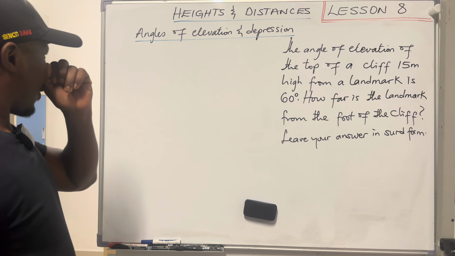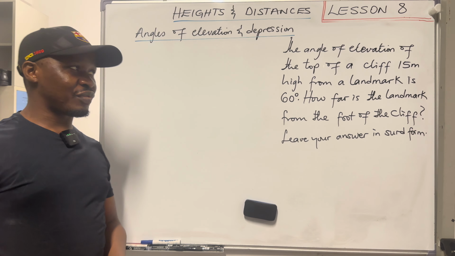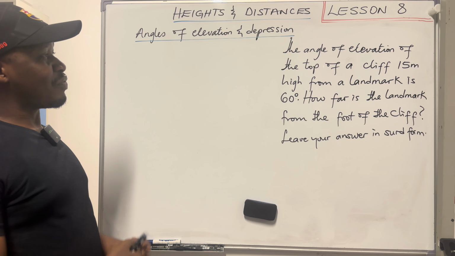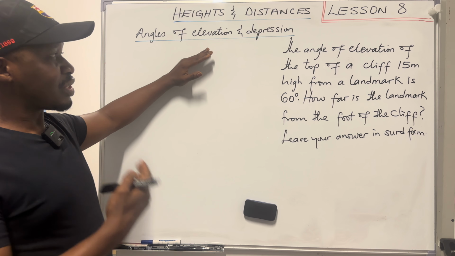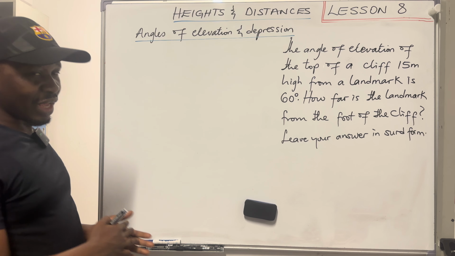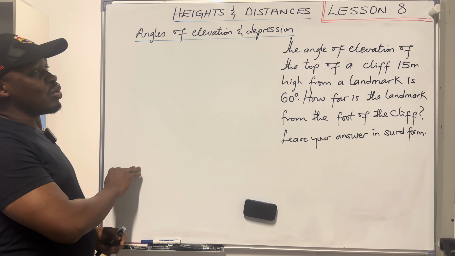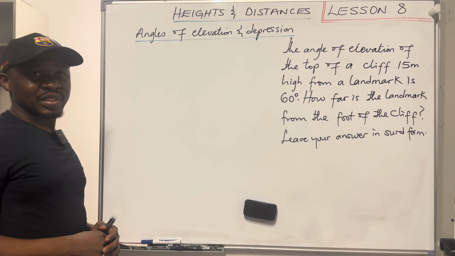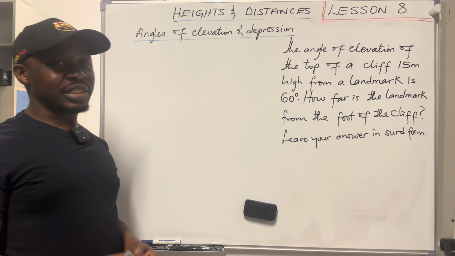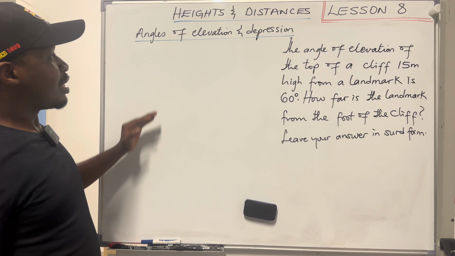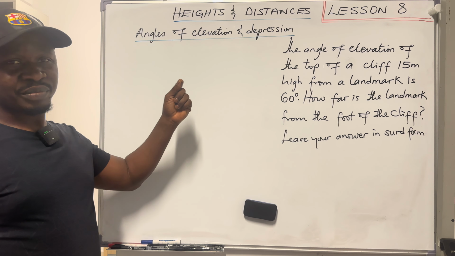All right, first of all, what do we understand by angle of elevation and angle of depression? Before we go deeper, when we talk about angle of elevation, the angle is situated below the object, or below a particular location.